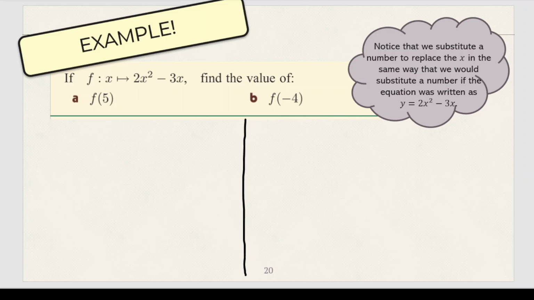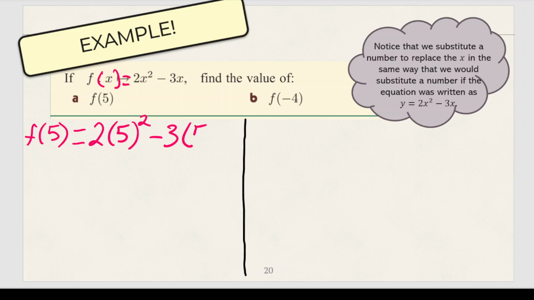Quick example, we've got a new function here. If f of x is equal to 2x squared, take 3x, find the value of f of 5. So first of all, we're basically just going to rewrite that function, but we're putting a 5 wherever an x appears. So 2 times (5) squared, take 3 times (5). Notice I've put them in brackets.